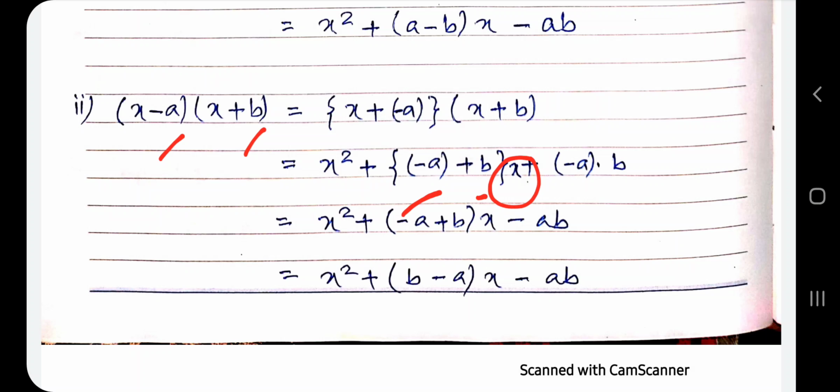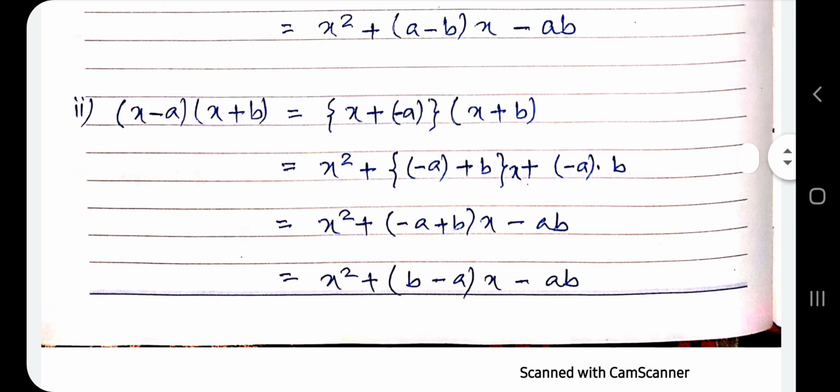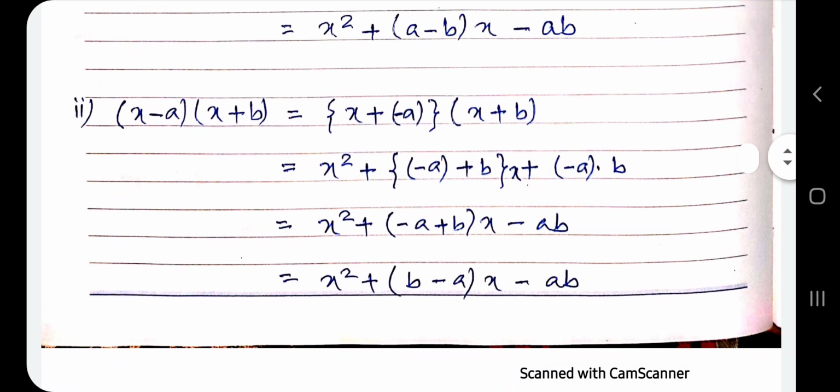Whatever sign is borne by a and b, that will be written here, minus a into b. So we get x square plus, on simplifying, when the bracket is opened, it is minus a plus b. Outside is x, the coefficient of x is minus a plus b, then minus ab.